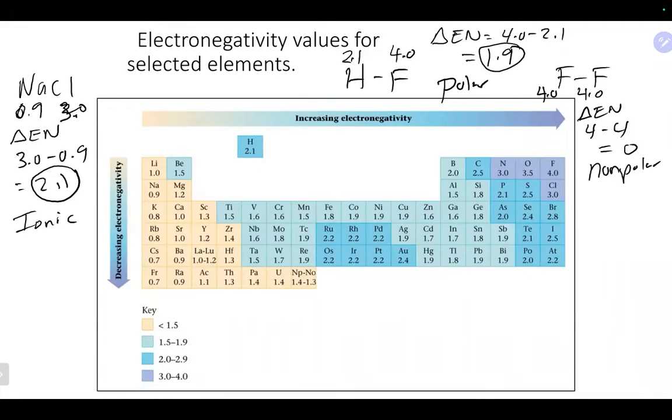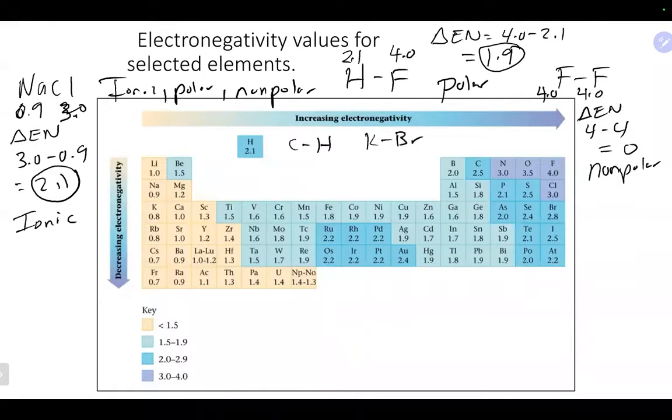Any questions on that there? Why don't you try some here? Decide, is it ionic? Is it polar? Or is it non-polar? These bonds here, let's do carbon and hydrogen. Let's do potassium and bromine.